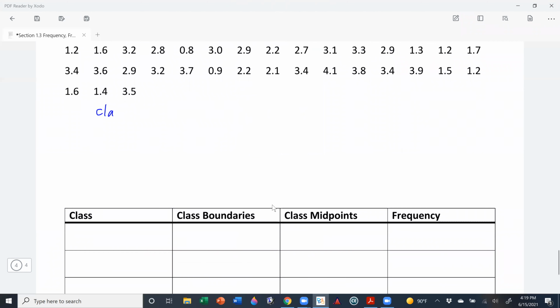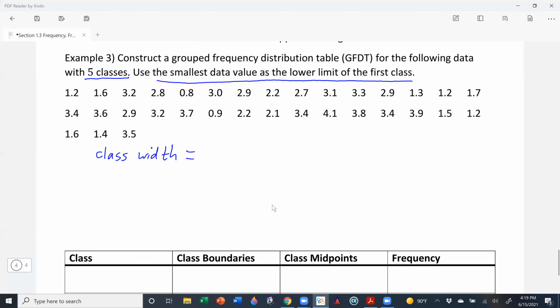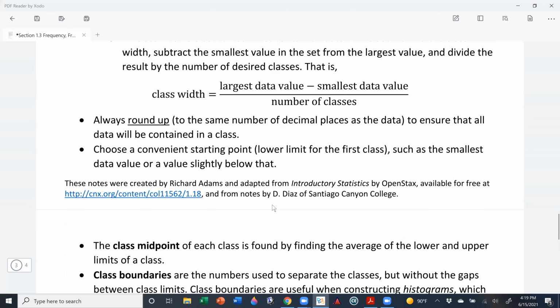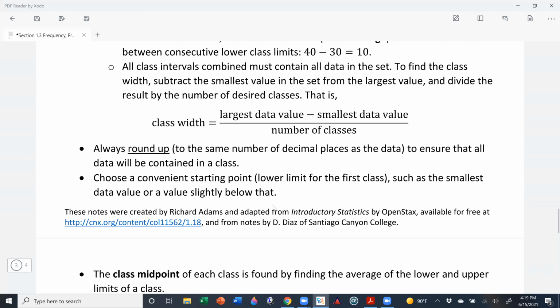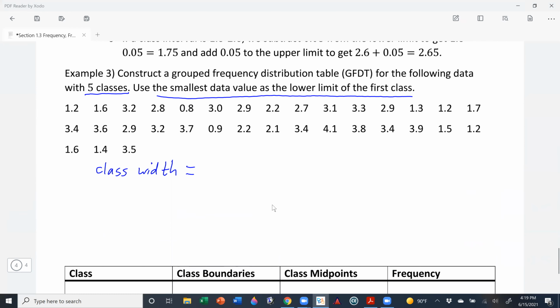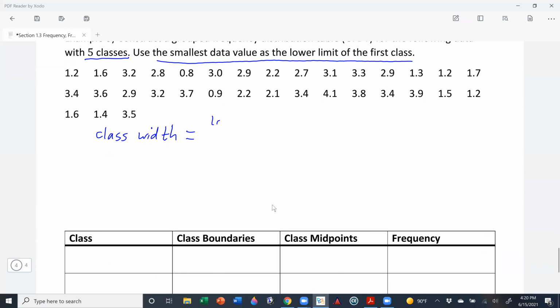Okay, so the class width, like we said up here, is found by taking the largest data value minus the smallest data value, divided by the number of classes.